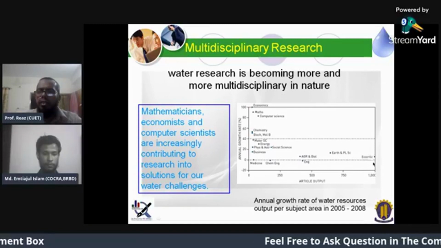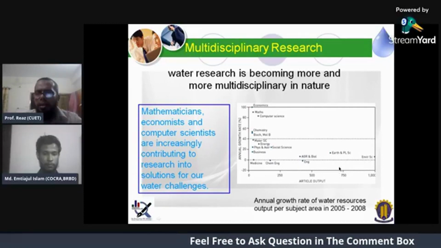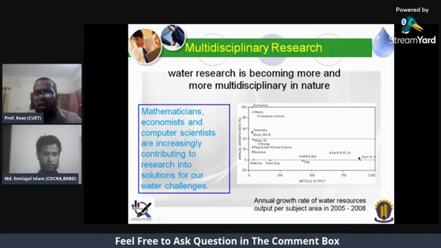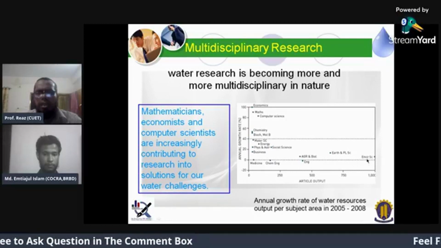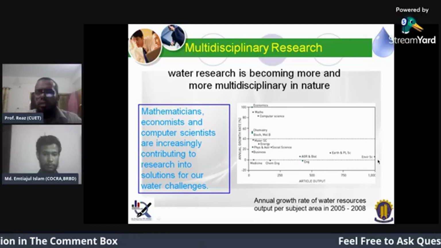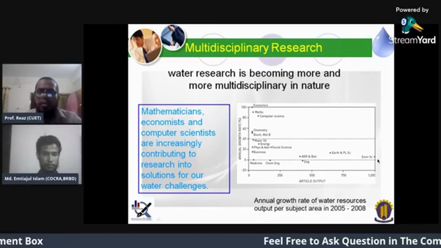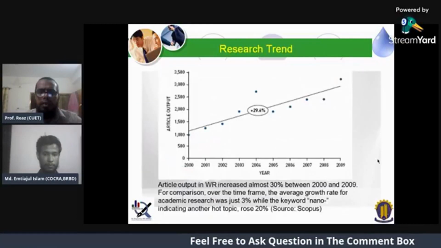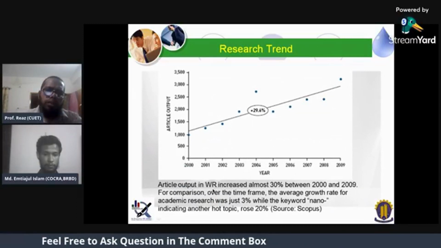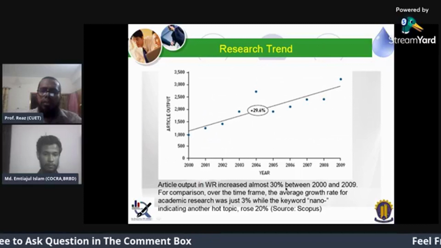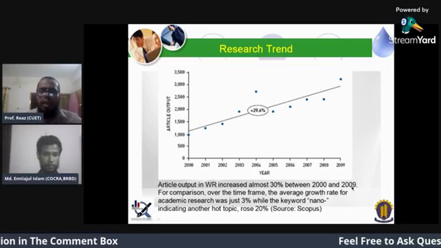And here the article output is a little bit high, 750 or 1000 for environmental science, and the growth rate is a little bit low, and that is very common, in fact. This is a research trend that we can say the article output in water resources increased almost 30% between 2000 and 2009.